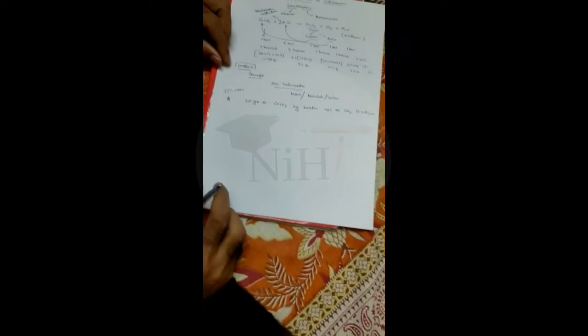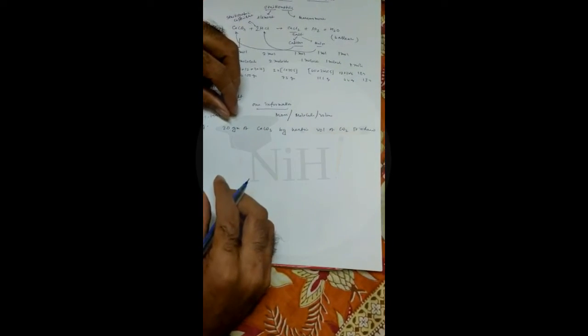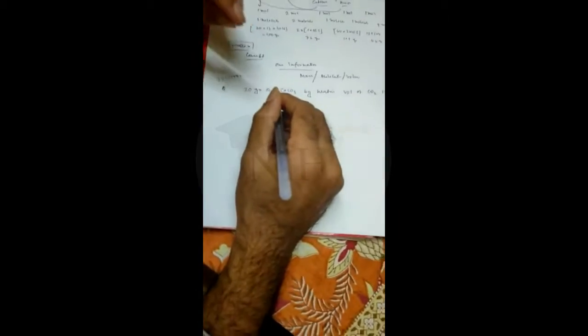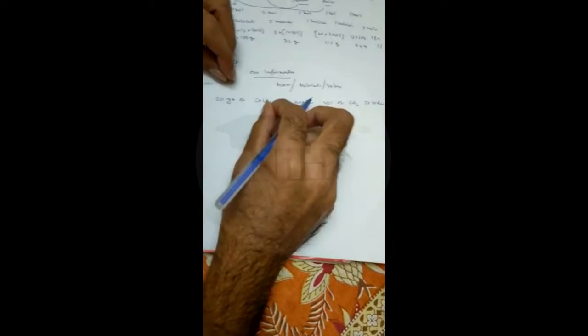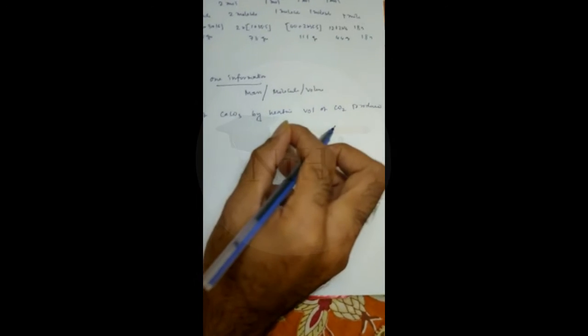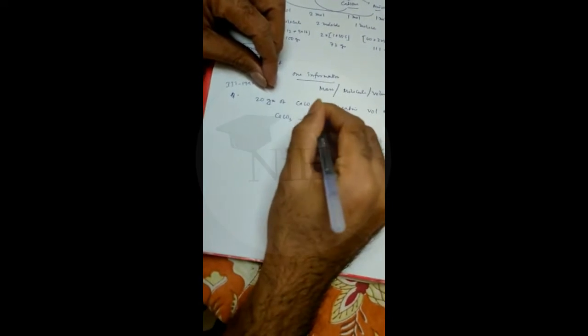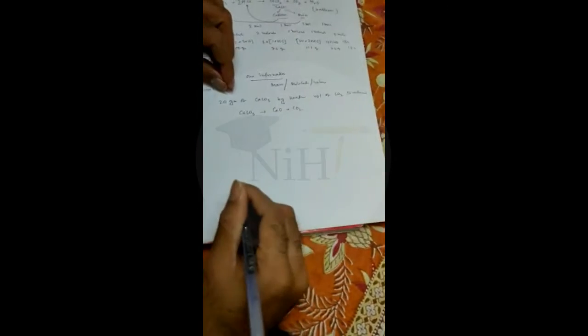Okay, how to get the solution of this question? Before we go for the concept, we have to write down the balanced equation. As we know, any carbonate on heating gives you metal oxide as well as carbon dioxide. So this calcium carbonate on heating gives you calcium oxide and CO2.